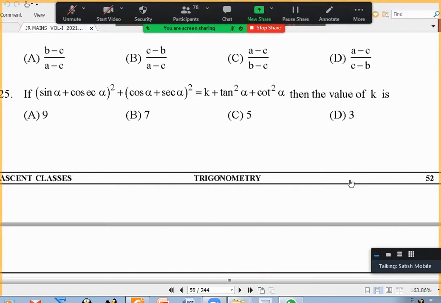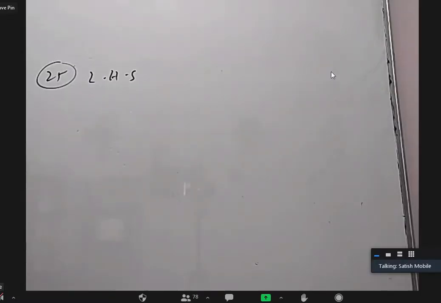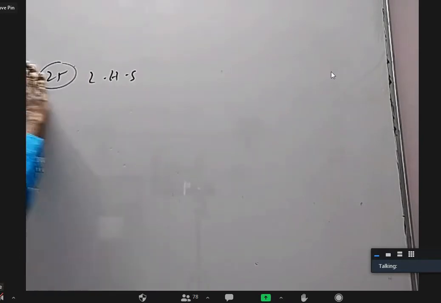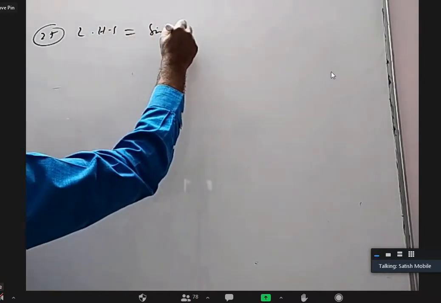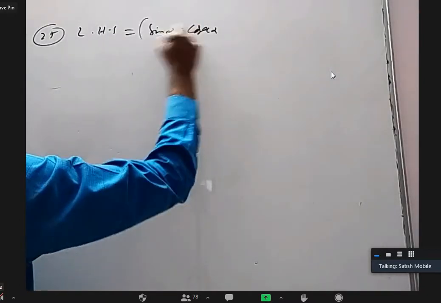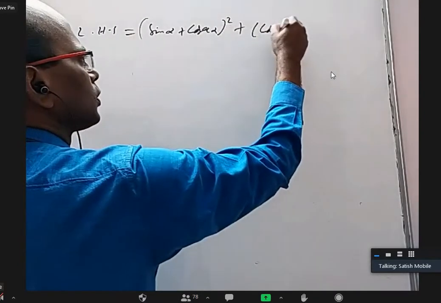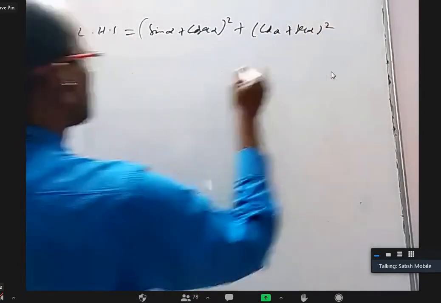Okay. 25 is very simple. Just expand LHS. (sin alpha plus cosecant alpha) whole square plus (cos alpha plus secant alpha) whole square.